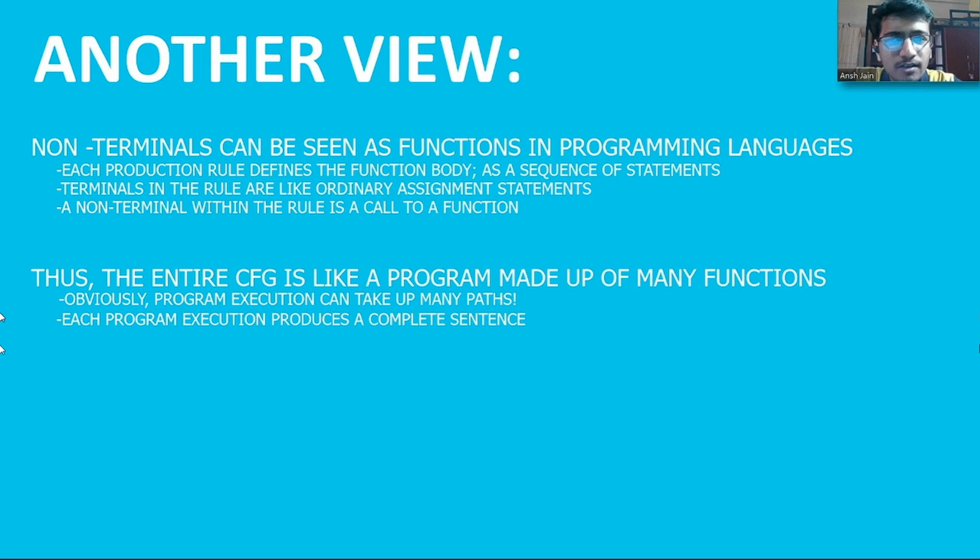Obviously, a program execution can take many paths, and each program execution produces a complete sentence. So the CFG can produce any number of sentences which might not make sense, but they are correct in the context of syntax.